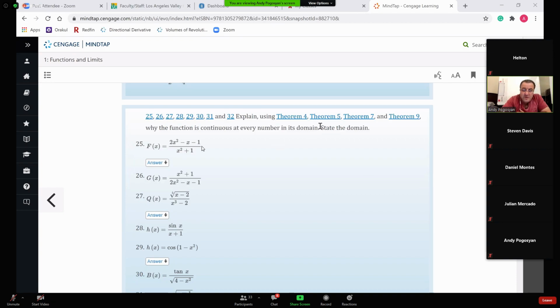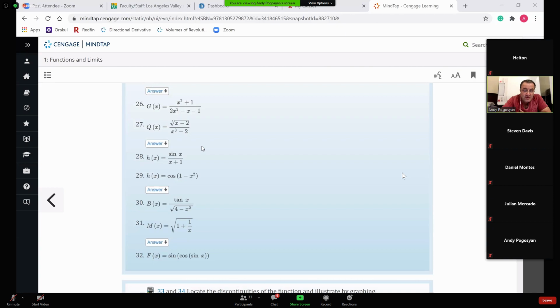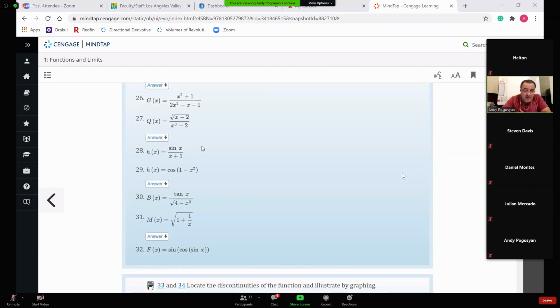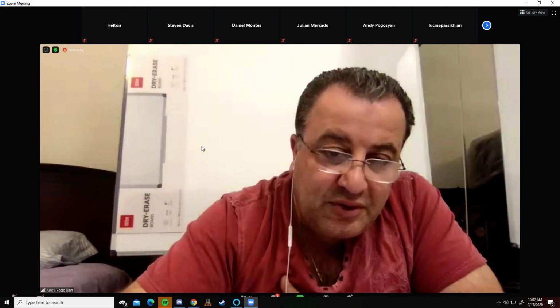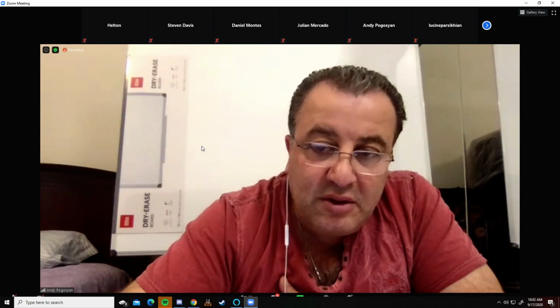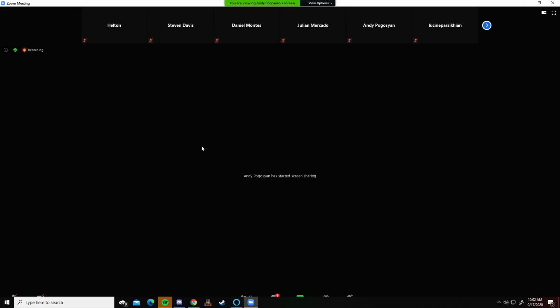Explain using theorem 4, 5, 7, 9 why the function is continuous at every number in its domain, and state the domain. So, which one? Let's take 32. So it's a composition of sine, cosine, and sine functions. So if I need to write using those theorems, I can write the answer the following way.